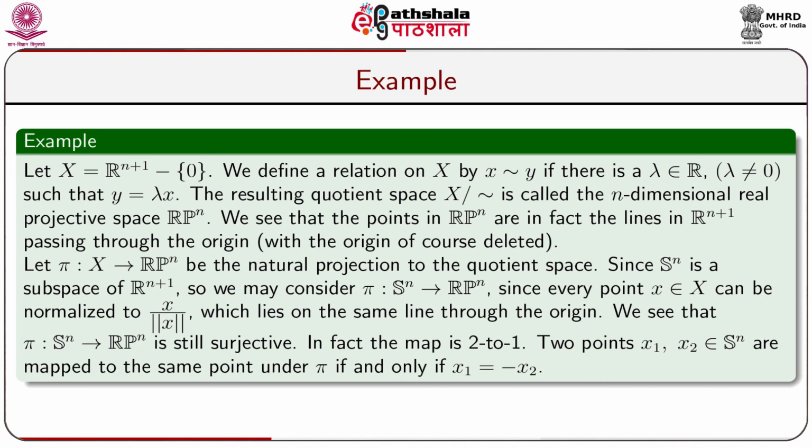With this, we end this slide presentation. To conclude this module, let us summarize what we have learned. We have learned quotient spaces, quotient mappings, and some examples of quotient spaces.